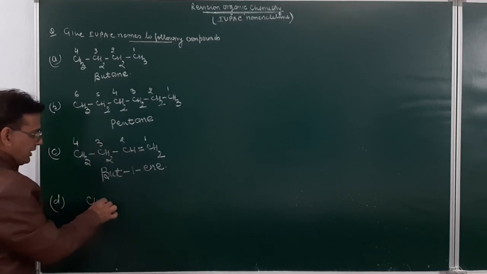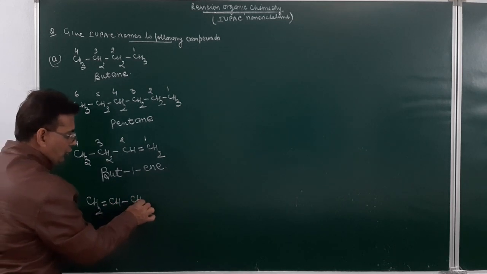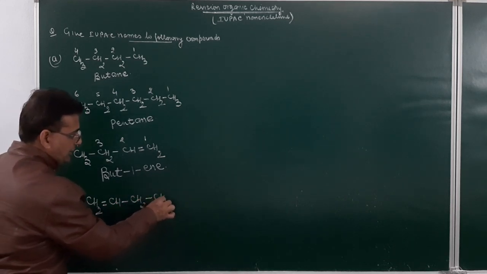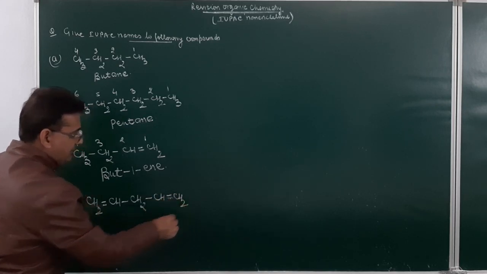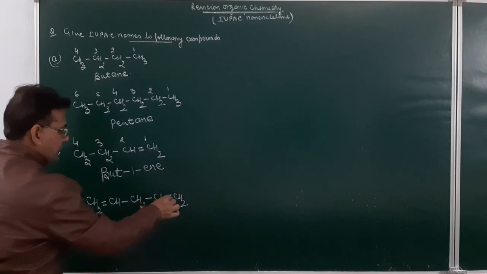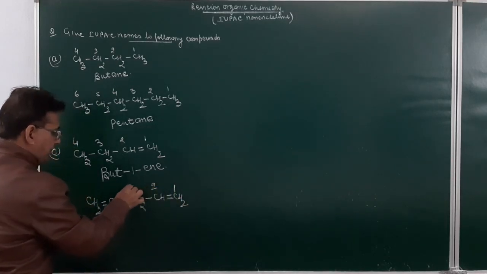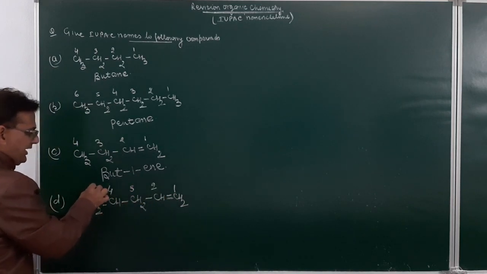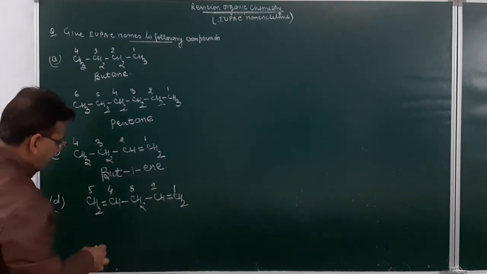Now, suppose we have to give the name to this compound. This is CH2, double bond CH and then CH2, then CH and then double bond CH2. Here the double bond is occurring twice. If I number this chain, it will be 1, then 2, 3, 4. Numbering has to be done in such a manner that the multiple bond gets the lowest possible number.